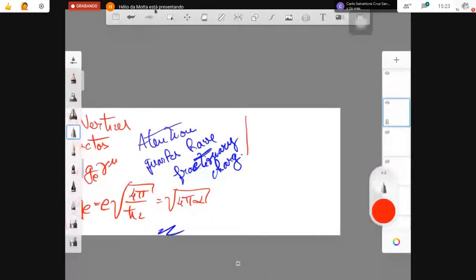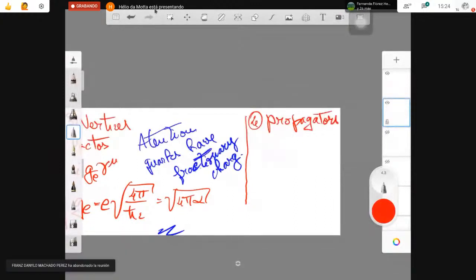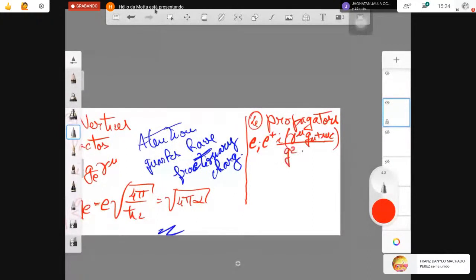Now we have the propagators. Remember that a propagator connects two vertices. For each propagator, we're going to have an electron or positron, it doesn't matter: i times (gamma·q plus m c) over q squared minus m squared c squared, where m, of course, is the mass of the electron.